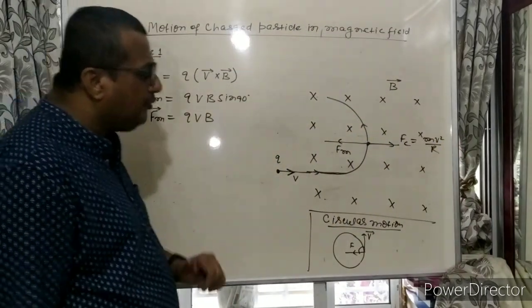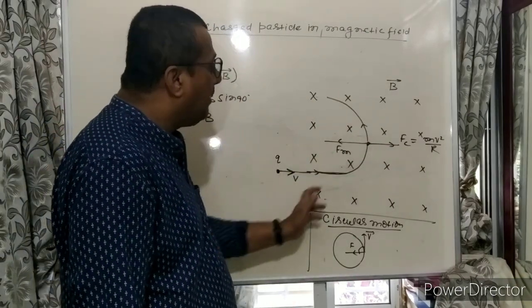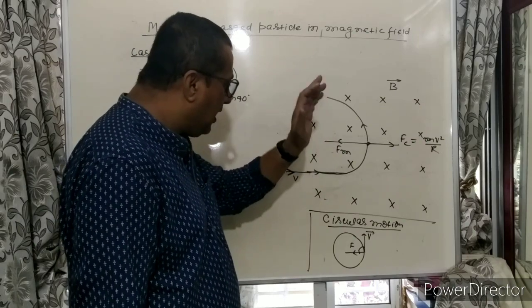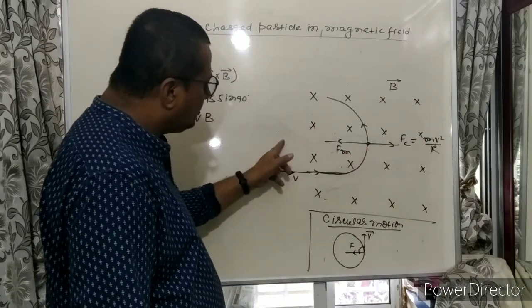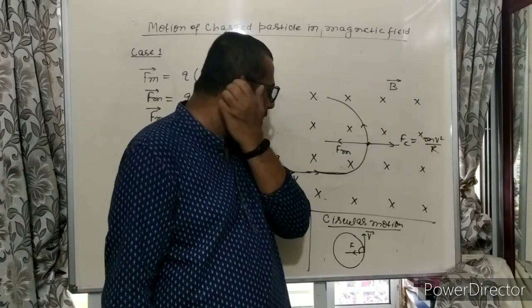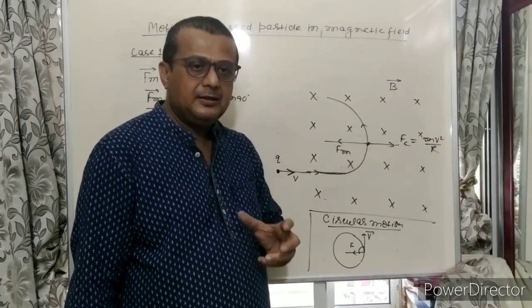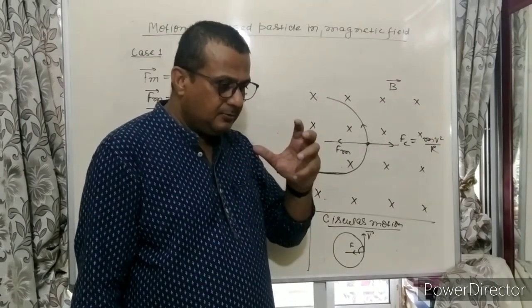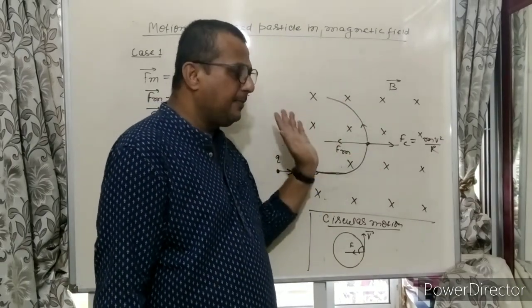If both are equal, then the charged particle moves in a path. So at equilibrium condition, if magnetic Lorentz force is acting inward and centrifugal force is acting outward, then when both are equal, the charged particle will move in a circular path.